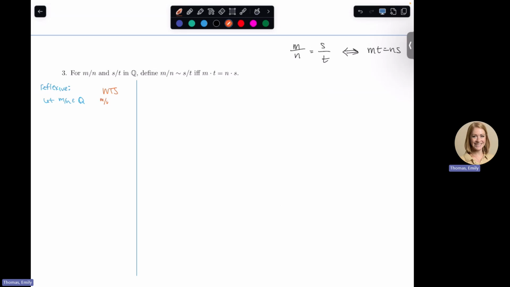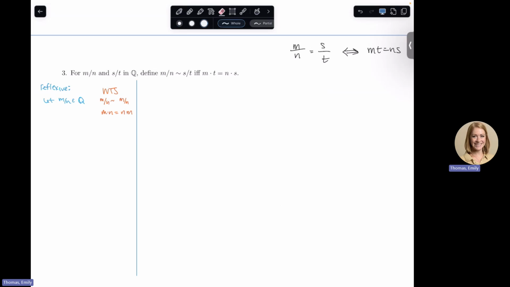So we want M over N to be related to M over N. And what does that mean under this relation? M over N is related to M over N, and MN is equal to NM, yes.